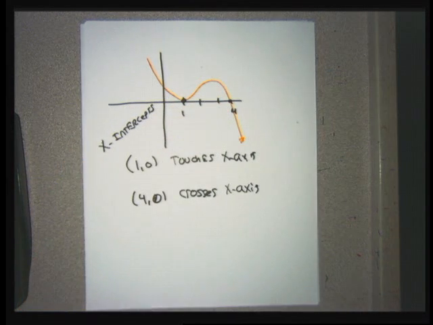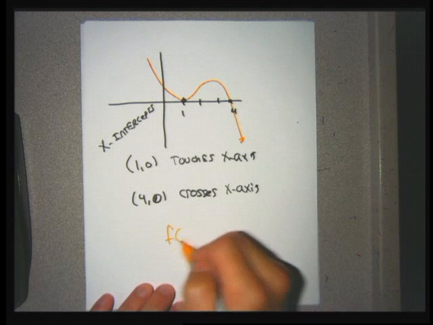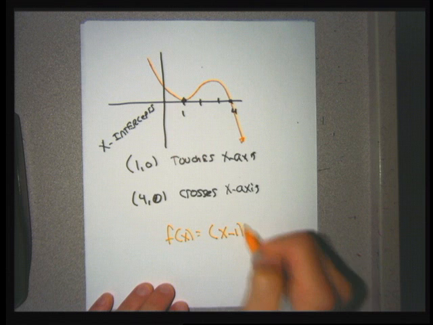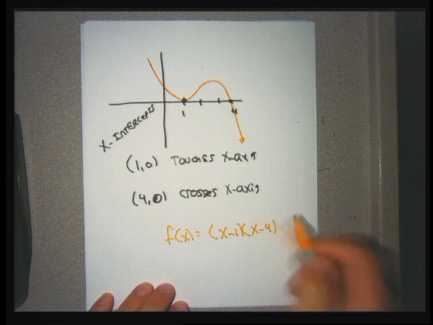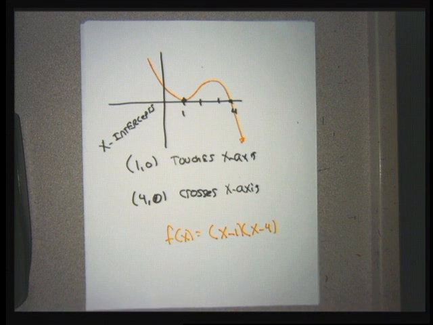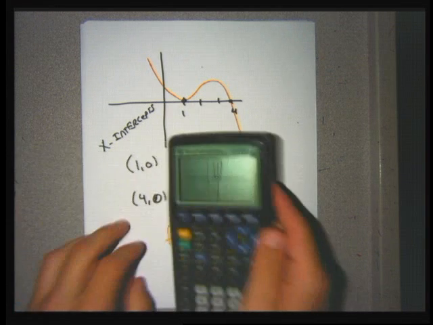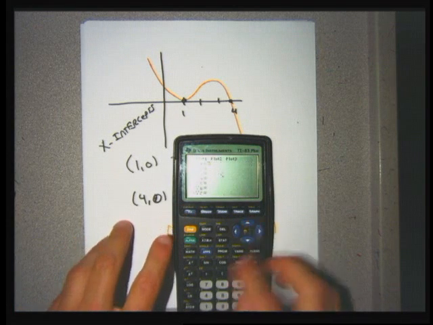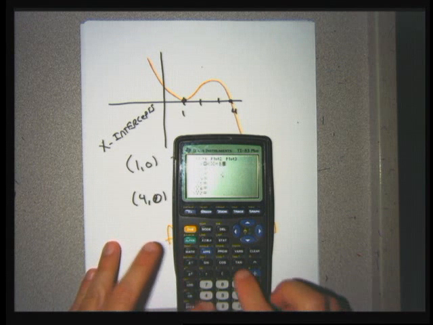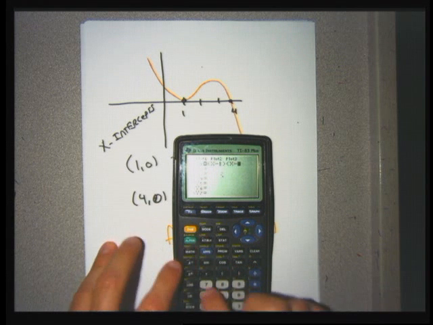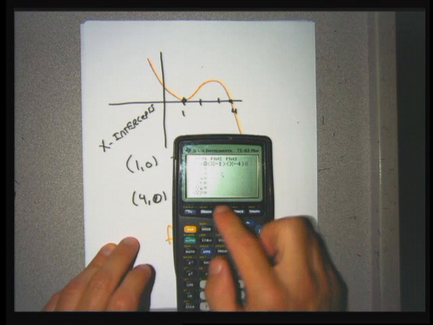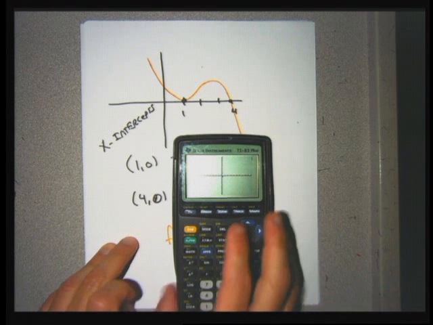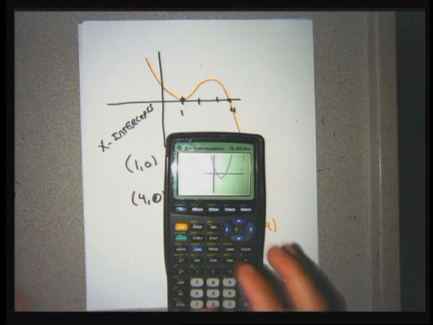So I know that this function, f of x equals x minus 1 times x minus 4, is going to have x-intercepts at 4 and 1. If I draw this on my calculator, getting back to my calculator, if I do x minus 1 times parentheses x minus 4 and do a zoom standard, this graph is going to have x-intercepts at 1 and at 4.